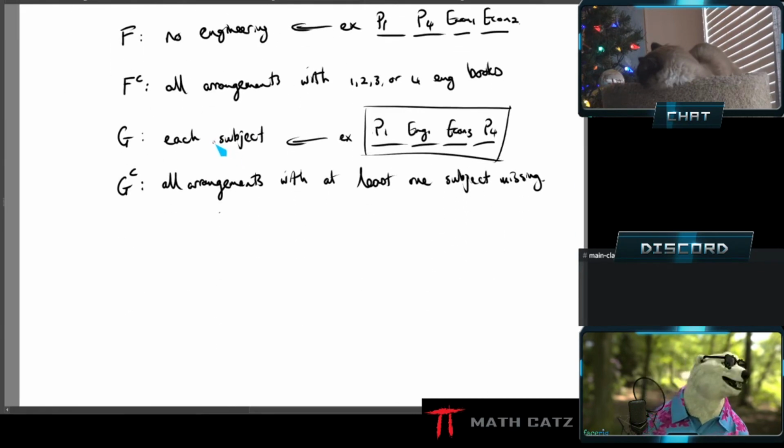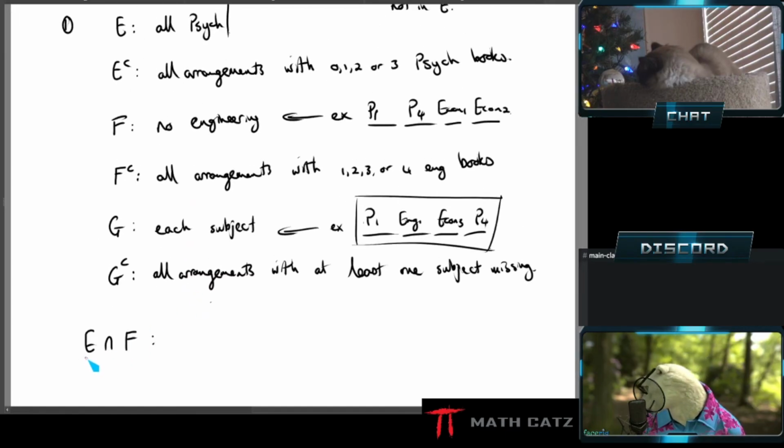Let's do E intersection F. What is that requirement? Well, now I have to remember the individual ones, right? E is the requirement that the arrangement has all psychology books. F is the requirement that there's no engineering book.